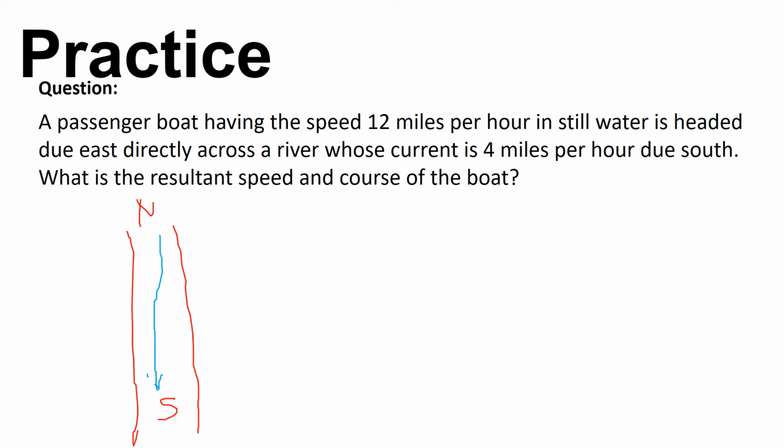Due east. So the boat is heading to east. So you can expect that the boat will drift that way because the river is pushing it towards that direction. So you're supposed to find the resultant speed and the course of the boat.